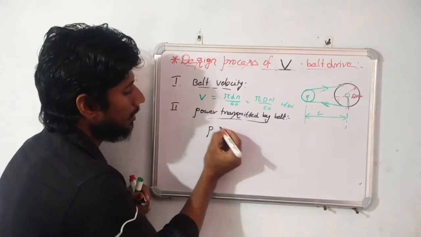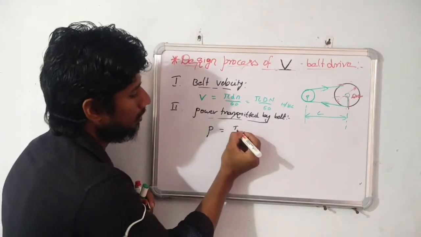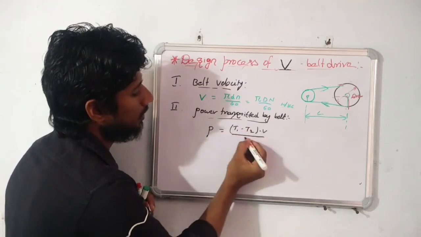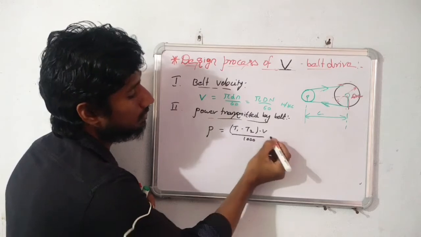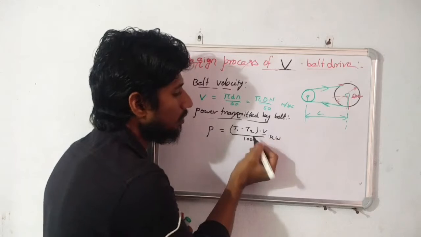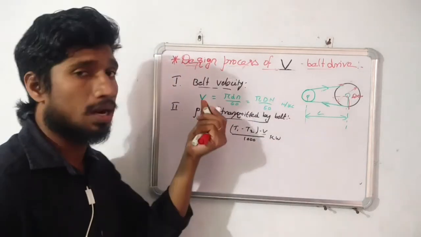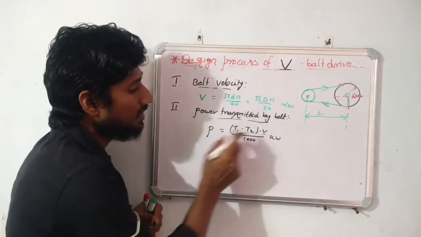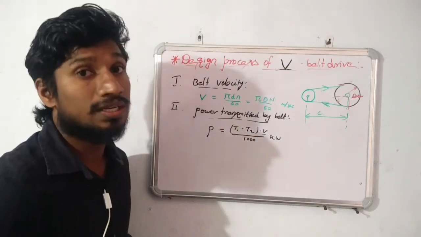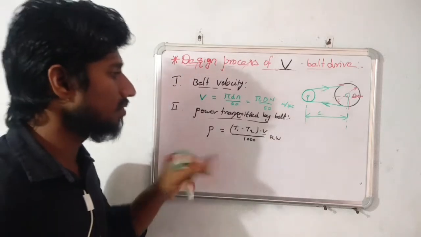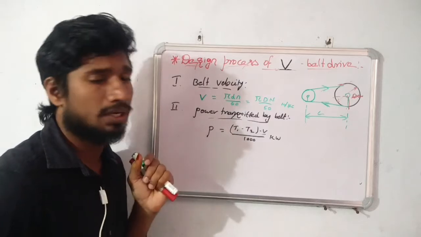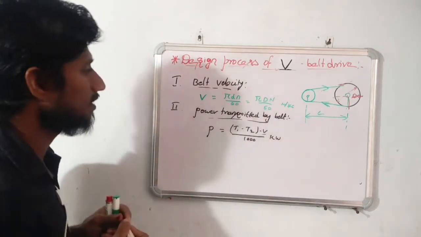That is denoted by P equals (T1 minus T2) into V, all divided by 1000. This 1000 is the unit conversion to kilowatts, and V is the belt velocity we already found in the above step, T1 is the tension in the tight side and T2 is the tension in the slack side of the belt. With the help of this we find the amount of power transmitted by the belt. So this is the second step here.